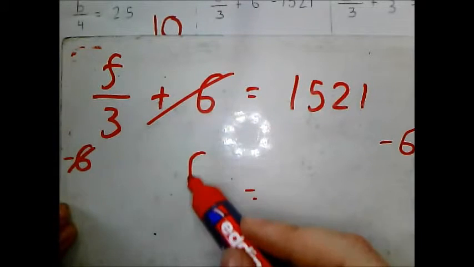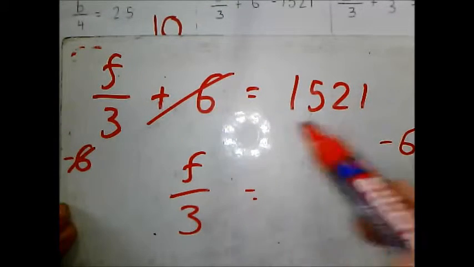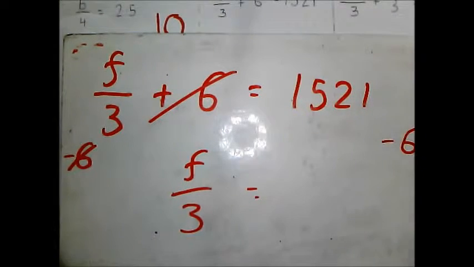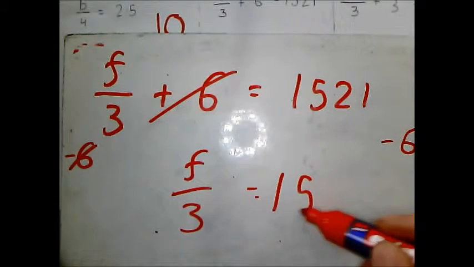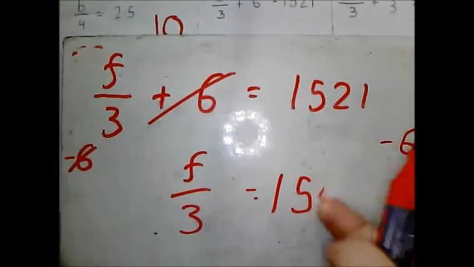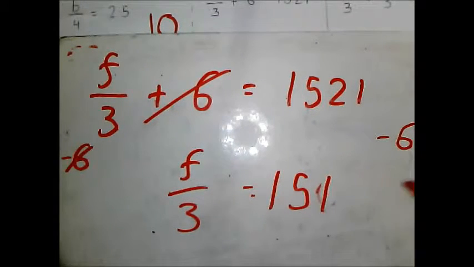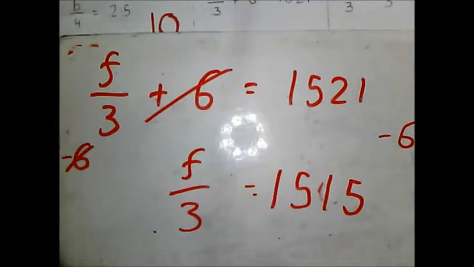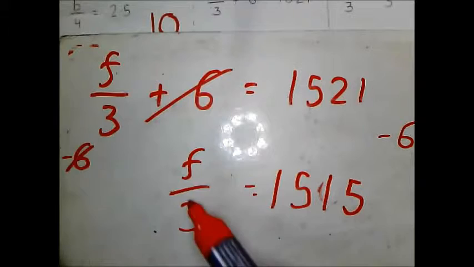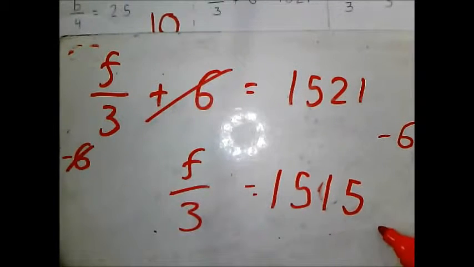Okay, that take away 6 and that plus 6 cancels, so I'm left with just f divided by 3. And then 1521 subtract 6 is going to give you 1515. Beg your pardon, I said that a little bit wrong.